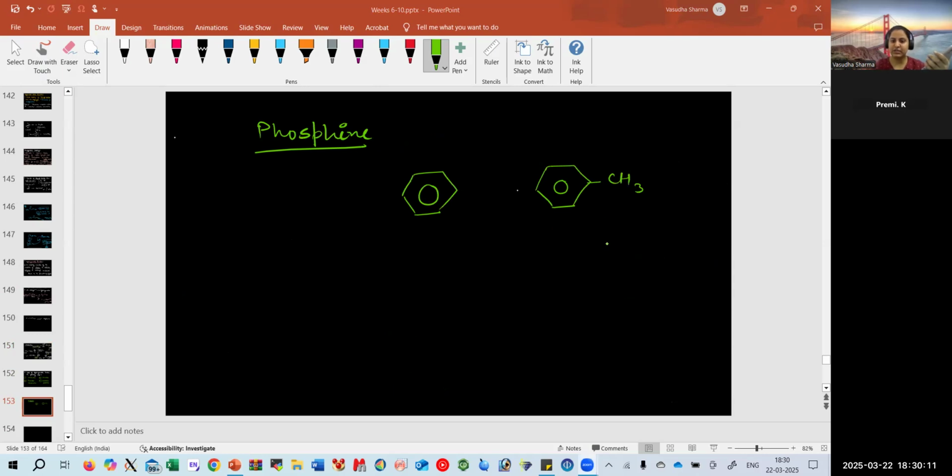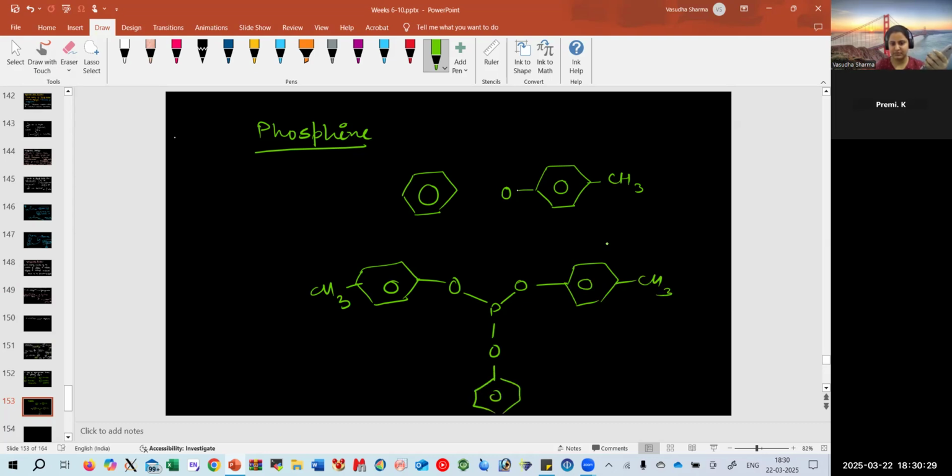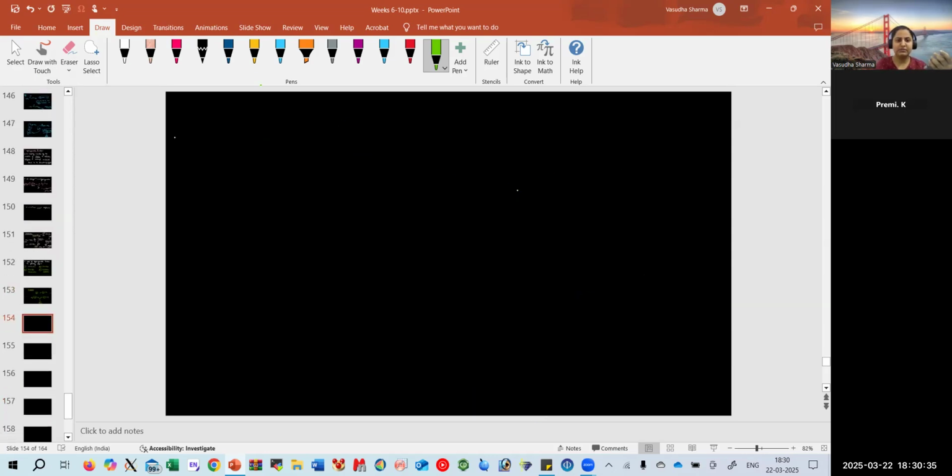So this is your toluene, and at the other end you have an oxygen which is binding with your phosphorus. These methyls can go on the para position or other positions as well, or you can try different phosphines.